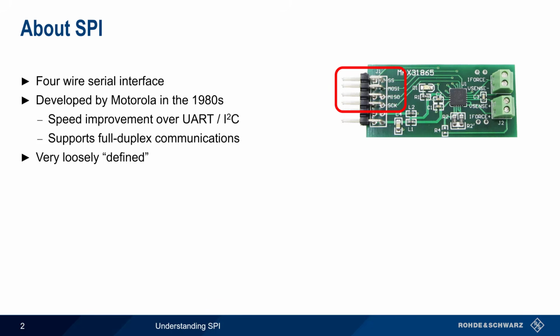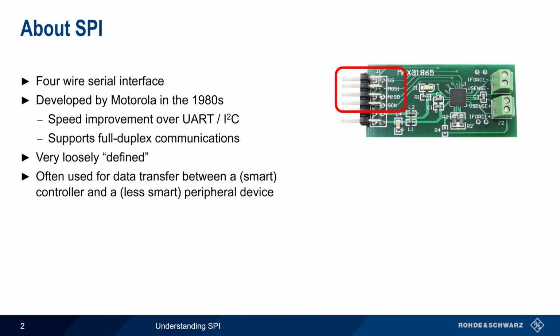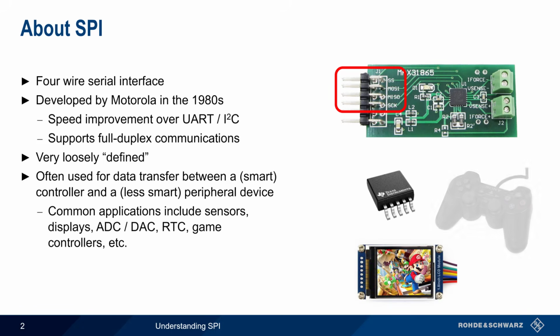SPI is most often used for transferring data between a smart controller and a less smart peripheral device. Many applications use SPI, some of the more common being different types of sensors, displays, ADCs and DACs, real-time clocks, wired game controllers, etc.